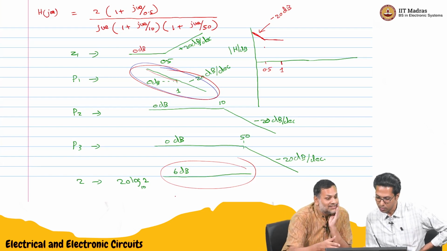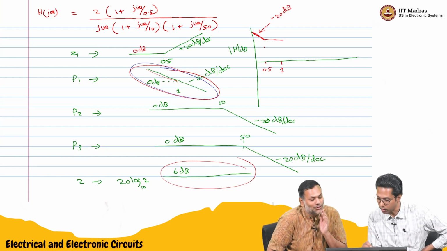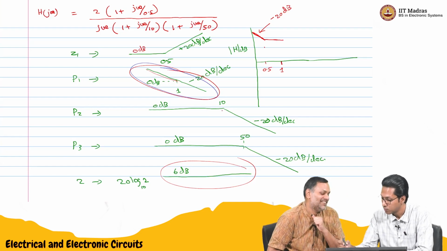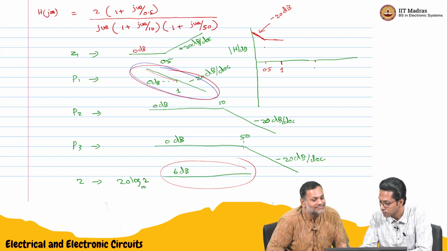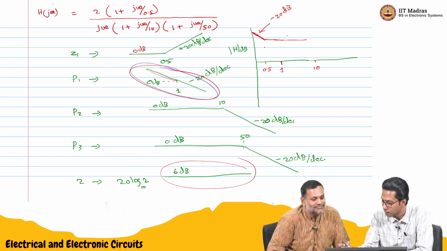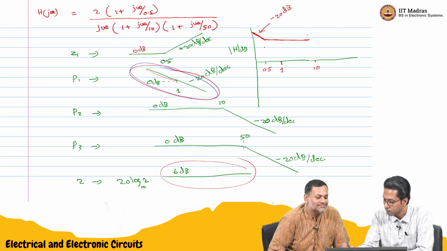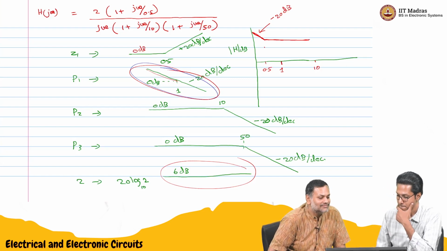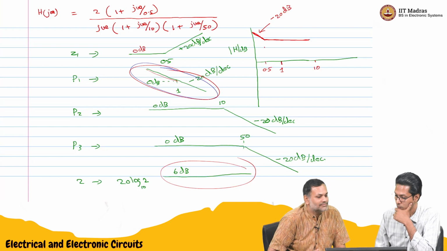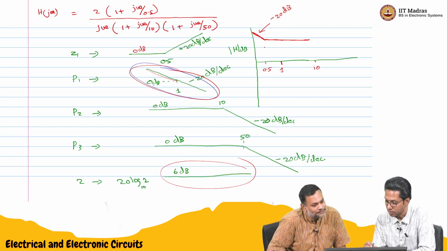Because you have to hit the next pole. There is no pole at 1. Till 10, it has to be flat. Perfect. Correct.